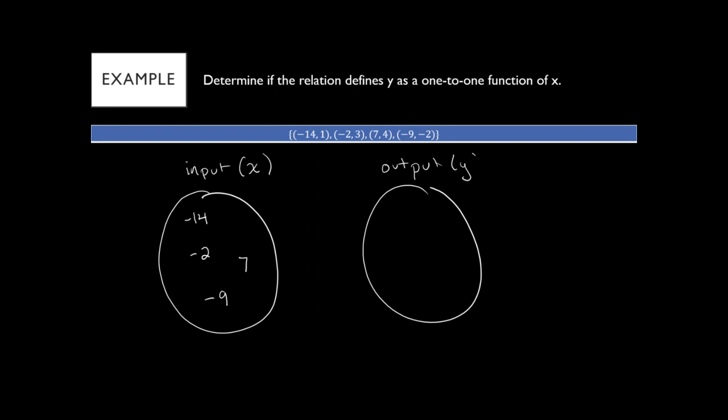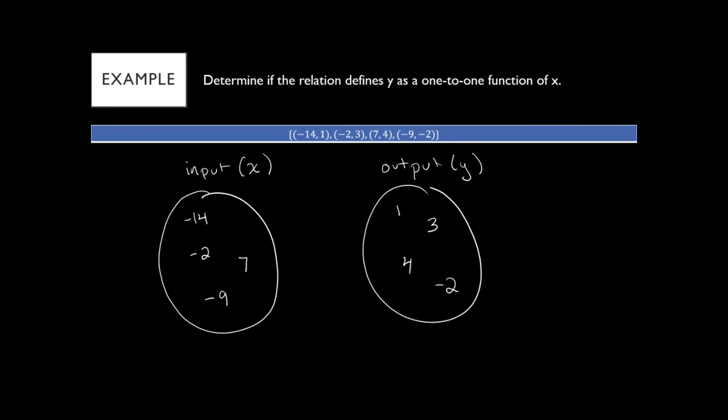And then the outputs are the Y values, so I'm going to list all of the Y values we have. One-to-one function means every X goes to only one Y, and then you also have to have it go in the opposite direction: every Y only goes to one X.